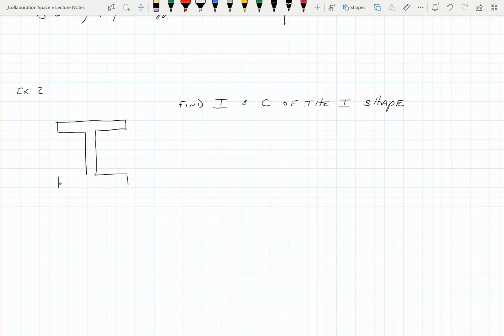Actually, let's modify this a bit. Yeah, we'll do that shape. Let's do 10 inches here. Let's do 1 inch. Typical. So 1, 1, 2 is 8.